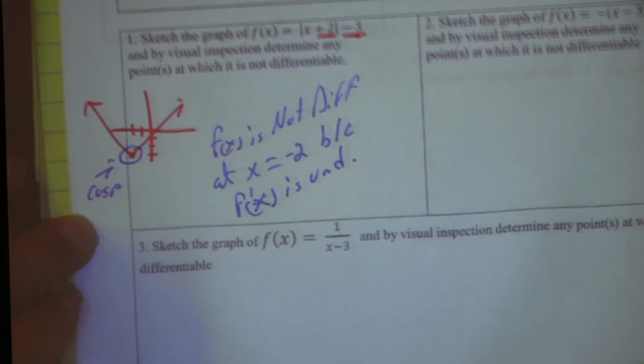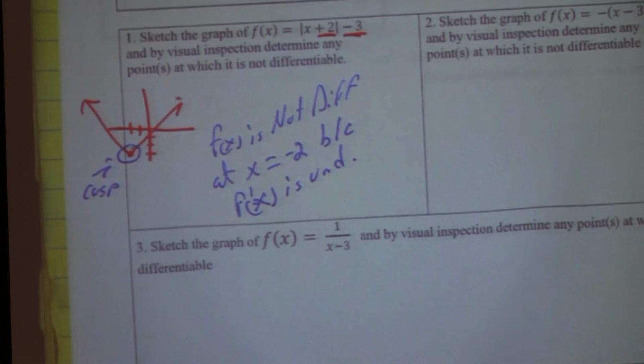That's a good enough justification. You can't just say because there's a cusp. You gotta be careful. Good?